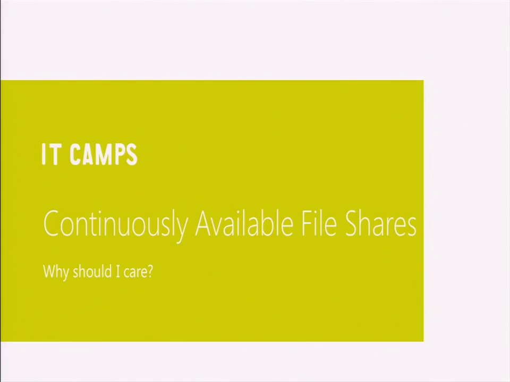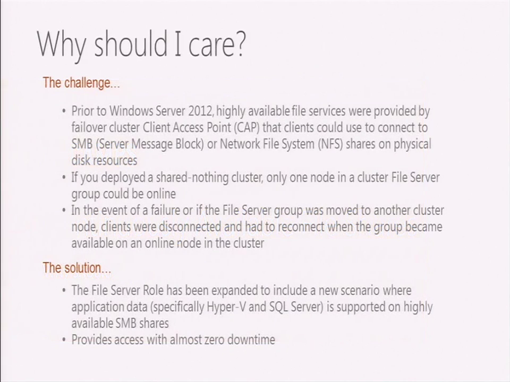So when you look at why you care, I think I did cover a little bit about it, right? Because when you look at some of the challenges with file systems and the ability that we had to cluster previously, it was really through what we call a client access point or a CAP. So I would expose a shared location that my clients can connect to. It makes it simpler for them. They connect to one location, the share is available.